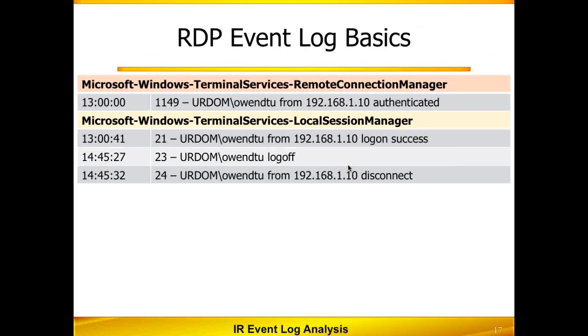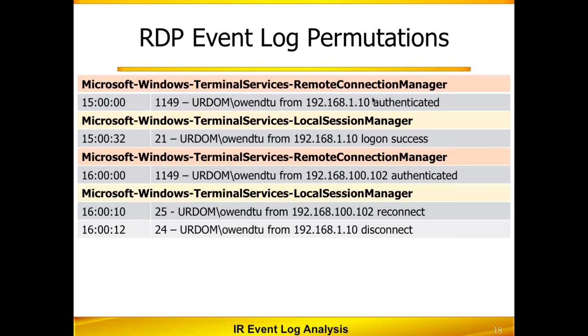Right? But where this gets more complicated is that you can actually see situations like this where, in this case, they were using the same compromised credential, but they're actually logging in from two different systems, right? So at 1500, you see the 1149 event, which is them logging in from, in this case, 192.168.1.10.